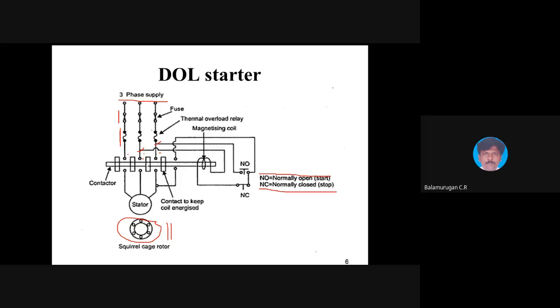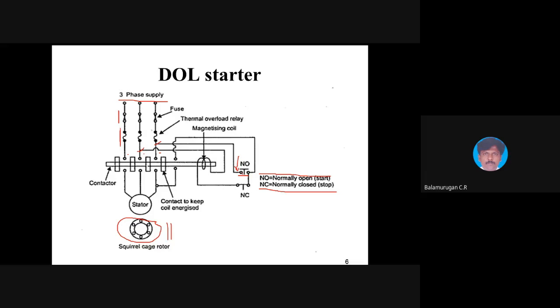Then if you push the normally open contact to start, since it is a push button, it temporarily short circuits these two contacts and then returns to its original position.